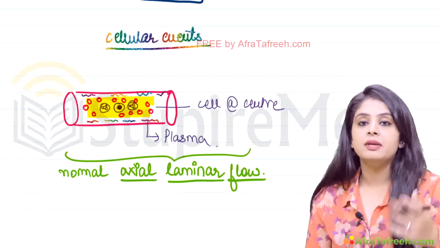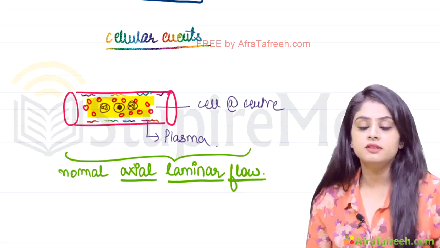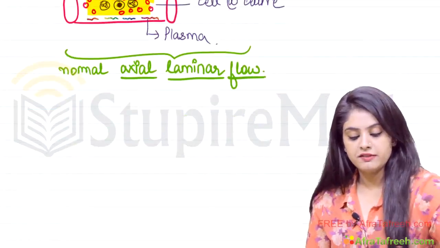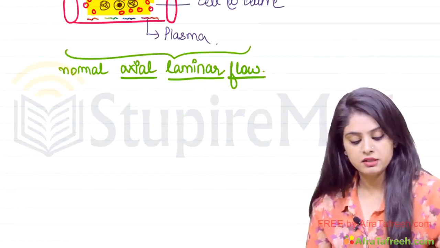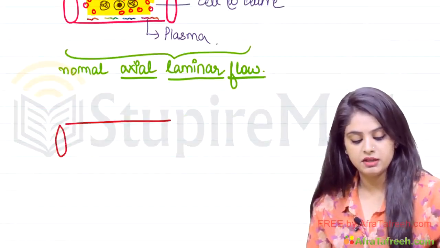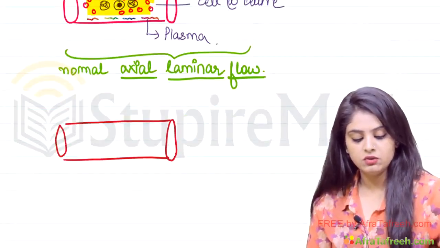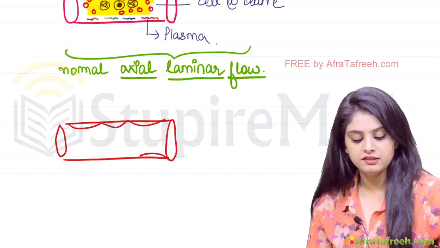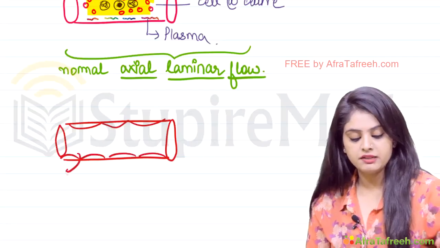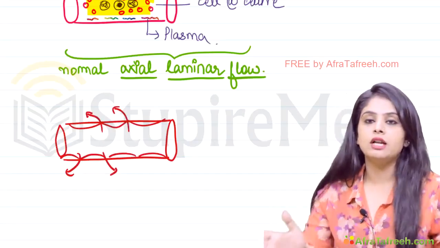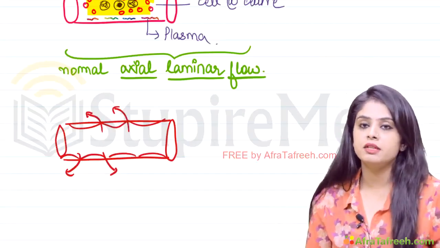the plasma was coming out of the blood vessel. So students, if I again draw a similar diagram, that if this is the blood vessel, with the lining endothelial cells, and all the plasma has flown out. The plasma that was at the periphery has gone out because of increased vascular permeability.